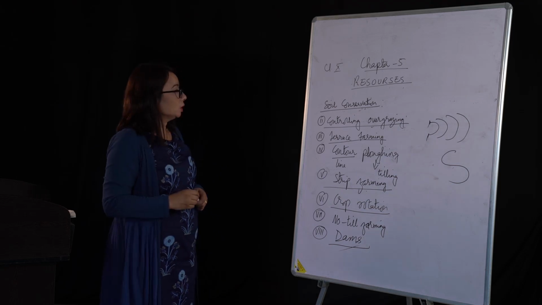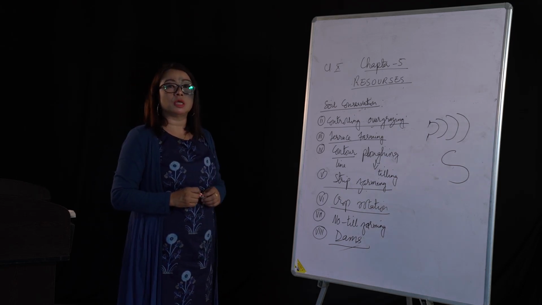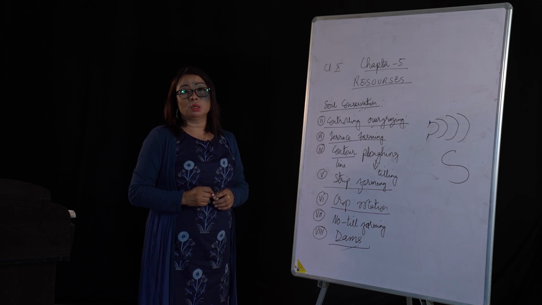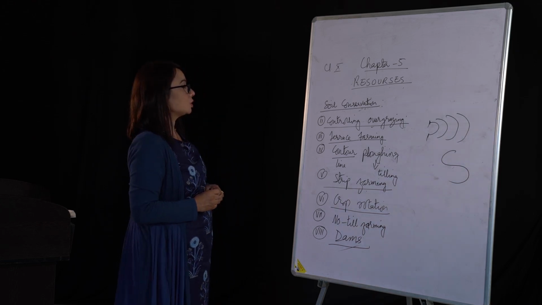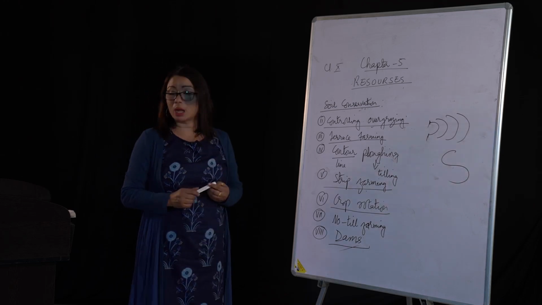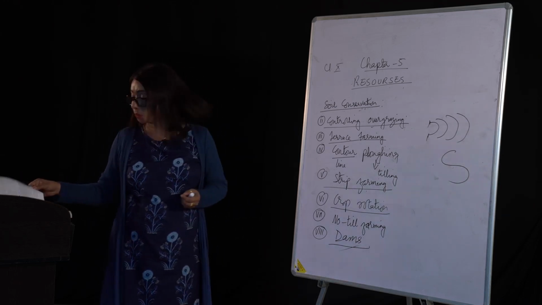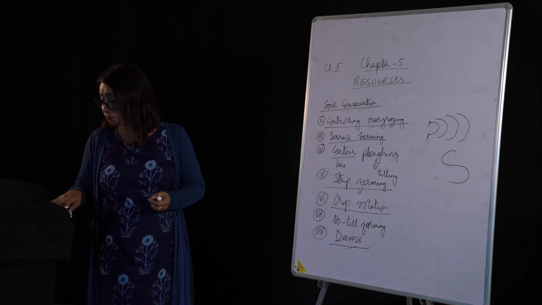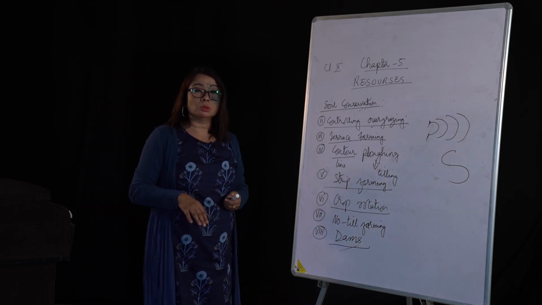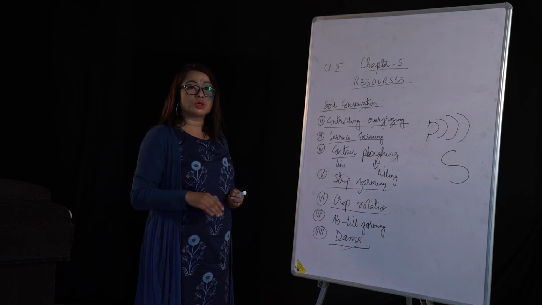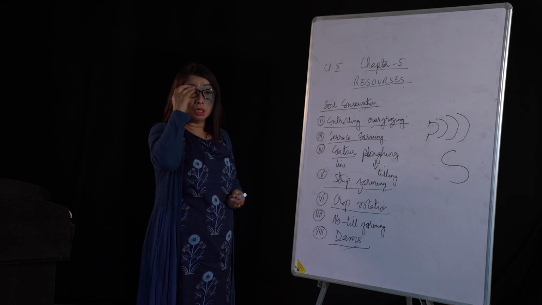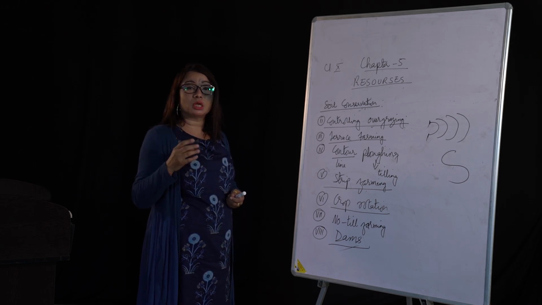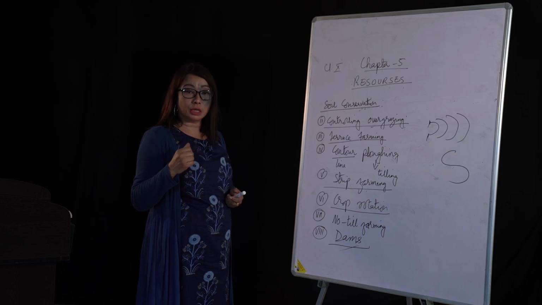So students, the different measures taken to control soil erosion, which we call soil conservation, are: number one was afforestation, or protecting the land under trees or forests, planting new trees, bringing more land under forest area so as to protect the soil from eroding.